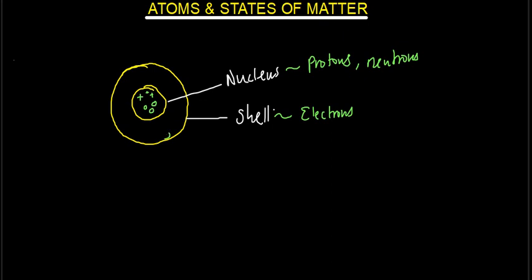While the electrons that you are going to be able to find in shells are negatively charged. There are electrons and they have got a negative charge. You also need to know the mass of the parts of an atom. Do you know the mass of an electron?